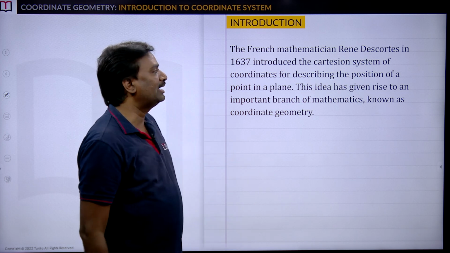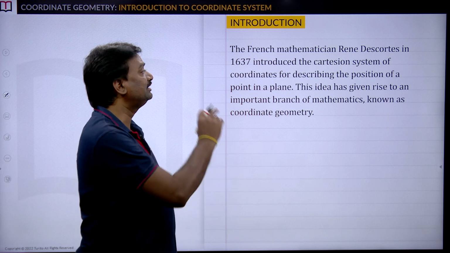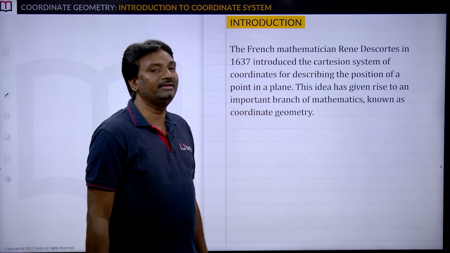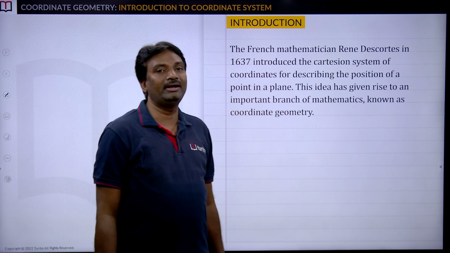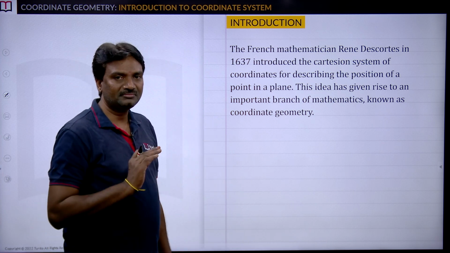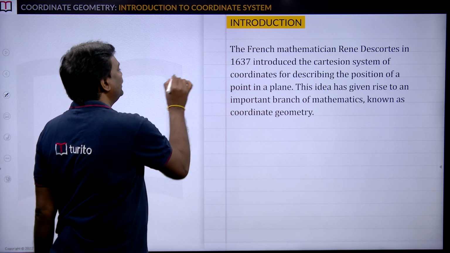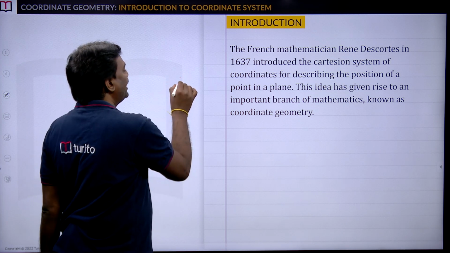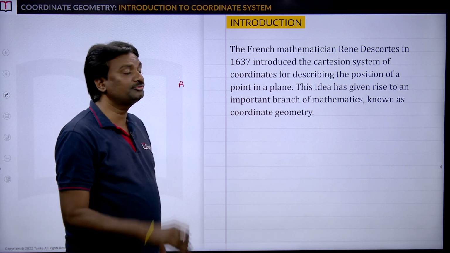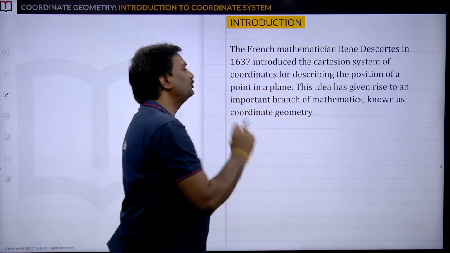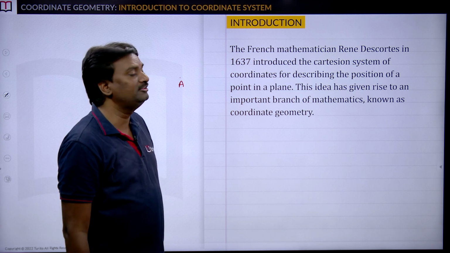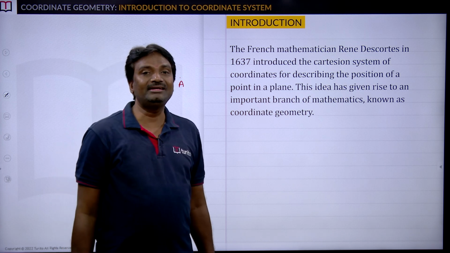The French mathematician René Descartes in 1637 introduced the Cartesian system of coordinates for describing the position of a point in a plane. For example, suppose the screen is a plane, and on this plane this is one point. If you name that point A, to describe the point A on this plane, we have to use coordinate geometry. So, describing the position of a point in a plane, this idea has given rise to an important branch of mathematics known as coordinate geometry.